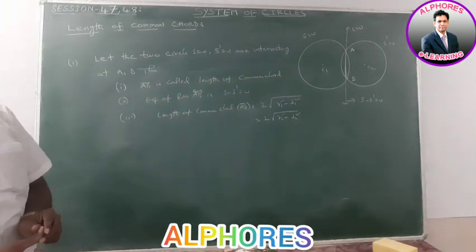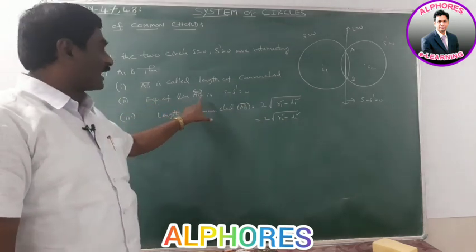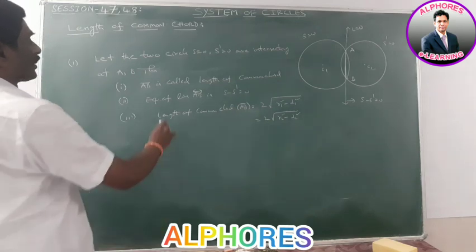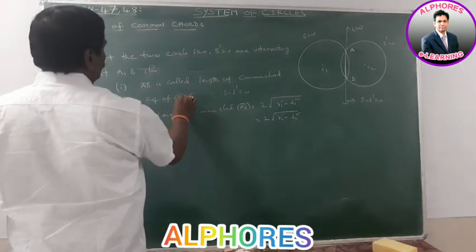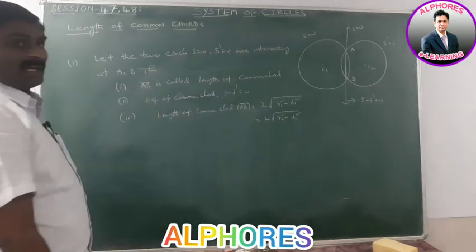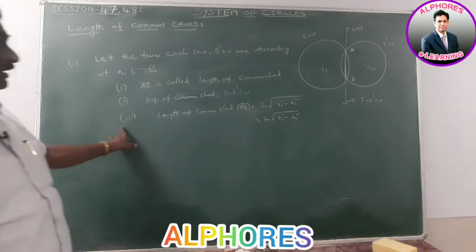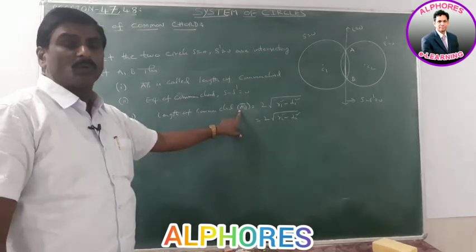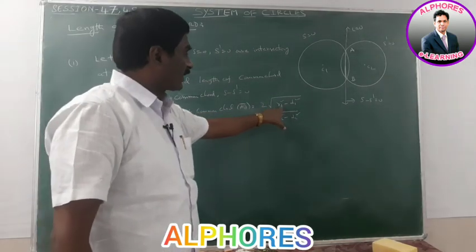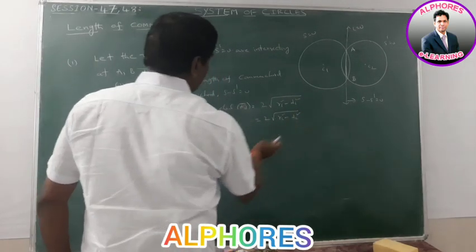The equation of the common chord AB is S minus S' = 0. Third point, the length of the common chord AB is equal to 2 root R1 square minus D1 square, that is equal to 2 root R2 square minus D2 square.